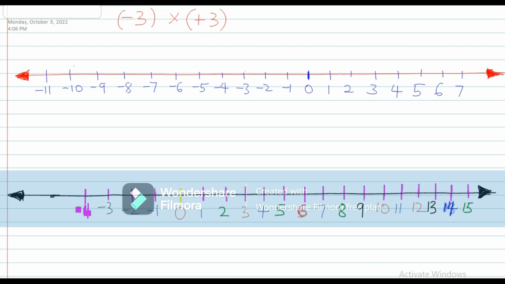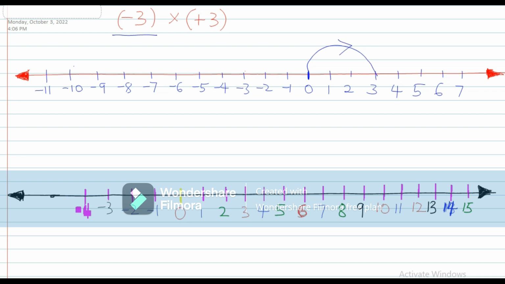We are going to take the main number here, that is the positive 3, while this negative 3 here is our multiplier. It's the one that tells me how many times we are going to repeat the process. Of course, when you have positive 3, normally it goes this way. That's how positive 3 should go.